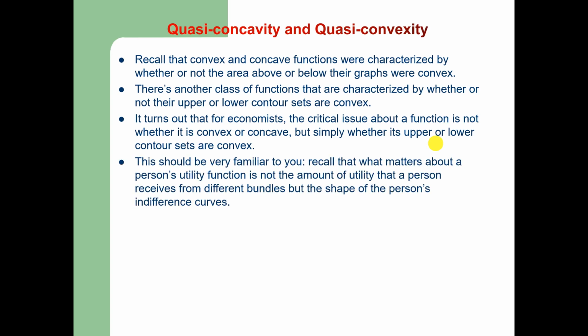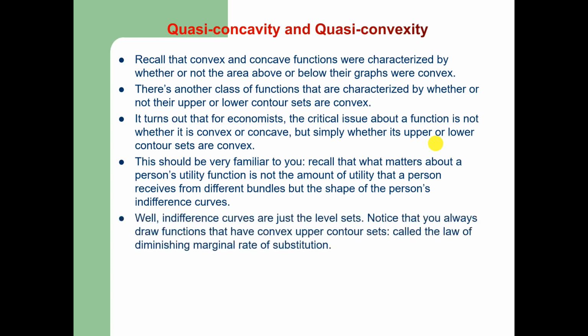This should be very familiar by now to you, and you may recall that what matters about a person's utility function is not the amount of utility that a person receives from the different bundles, but the shape of the person's indifference curve. So the shape of the indifference curve matters more than the quantity of utility derived from a particular bundle.